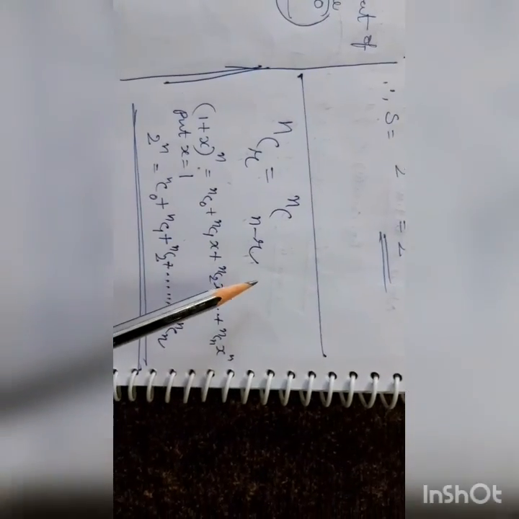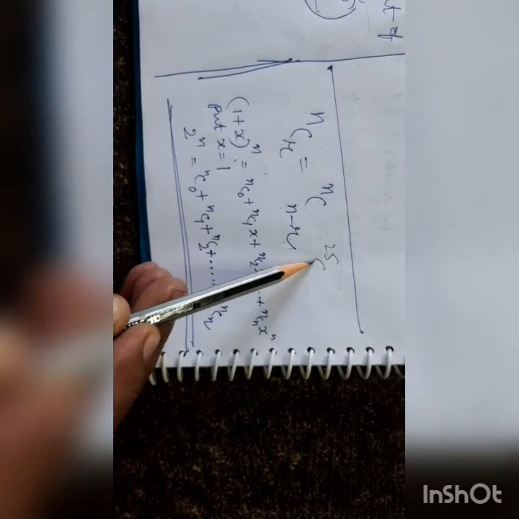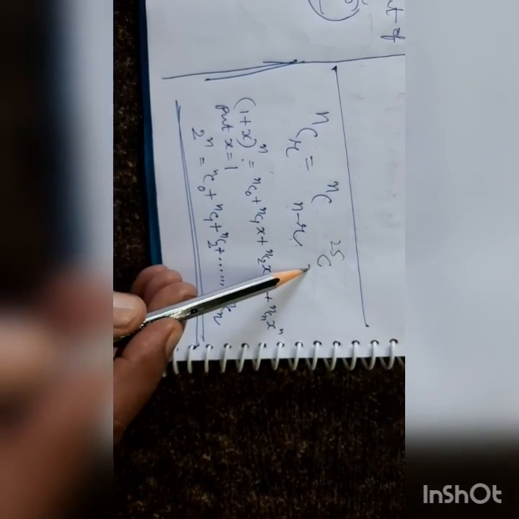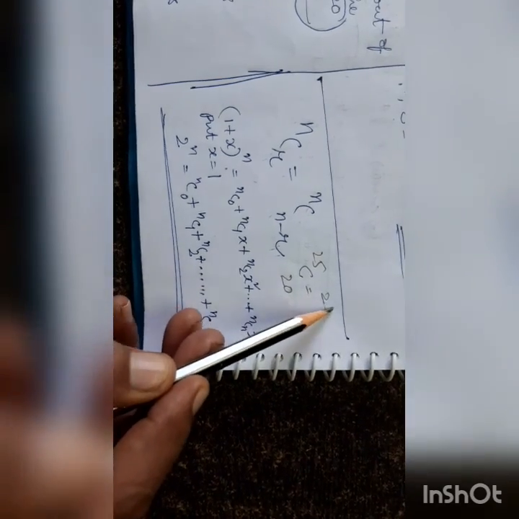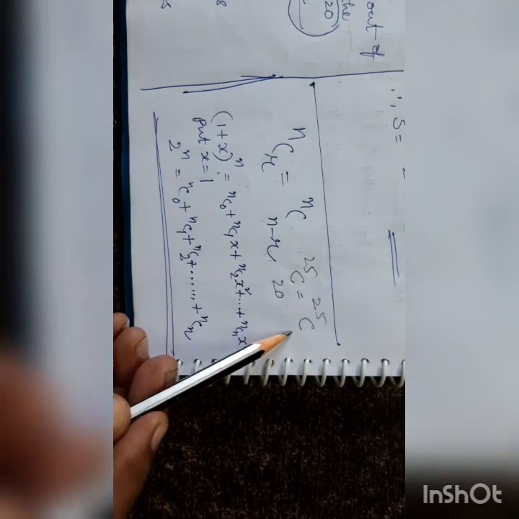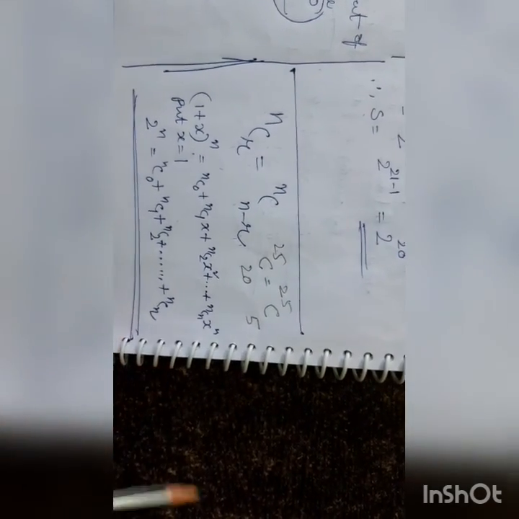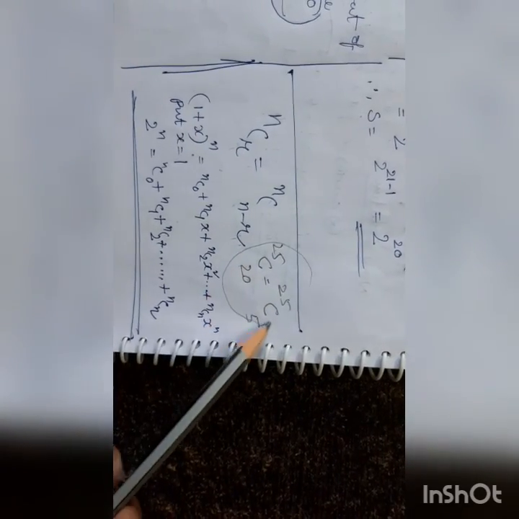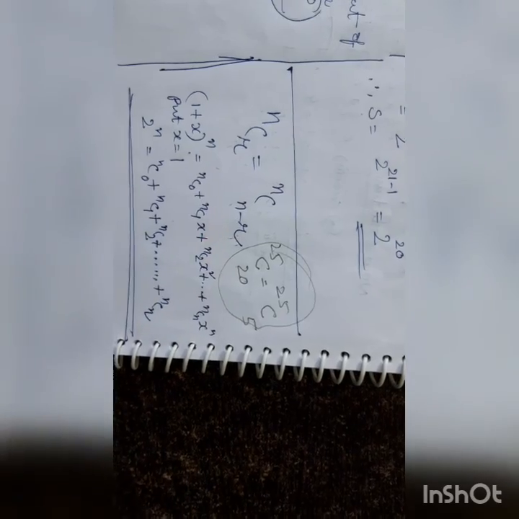Suppose you write 25C20 equals 25C(25 minus 20), that is 25C5. We can write like this. This is simplified by this formula.